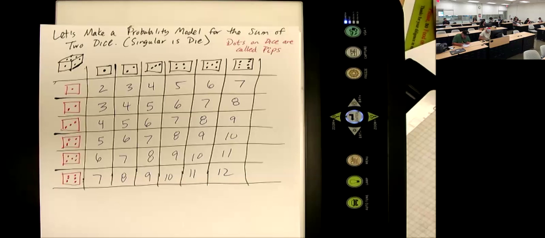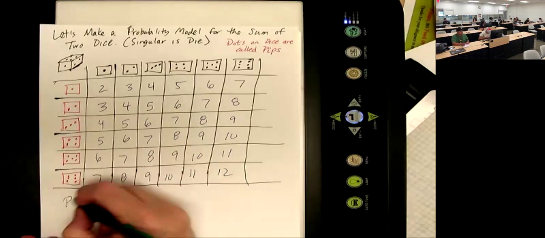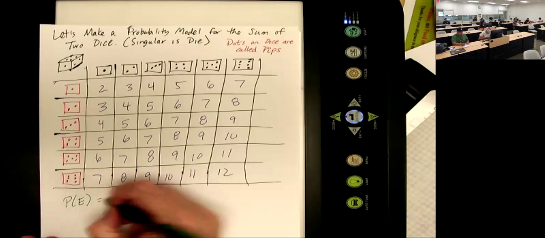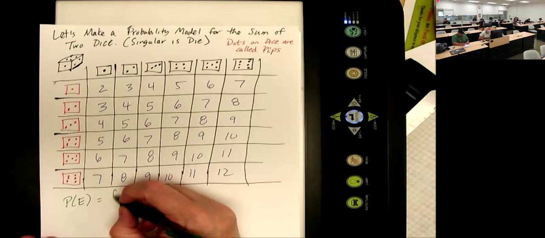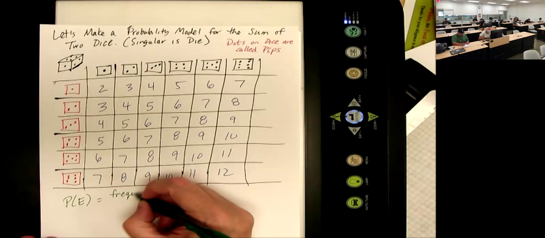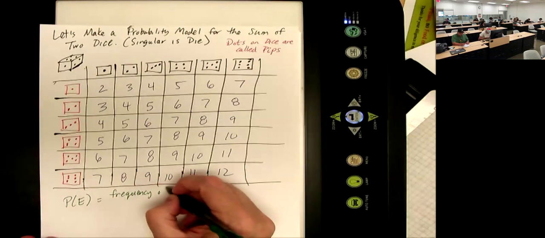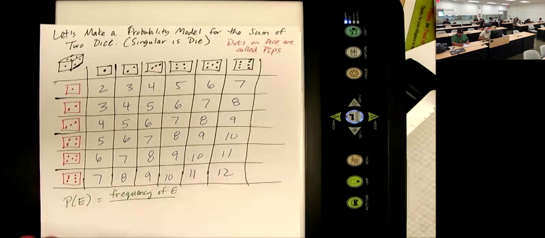So we're gonna use that in a second. I was saying 1/4 of the probability. I'm gonna give you a little more information about probability. Probability of E is like the frequency of E over the total number of trials.